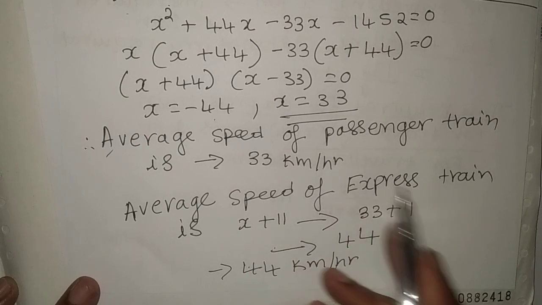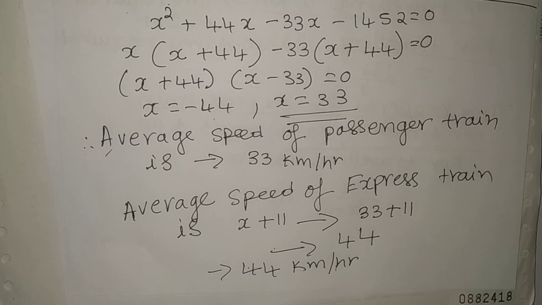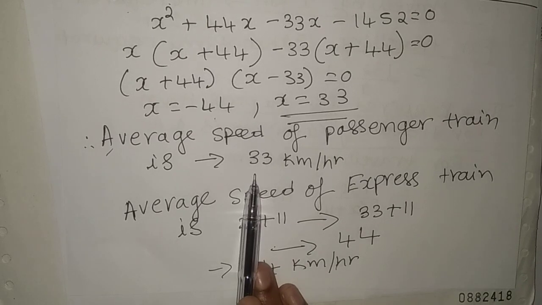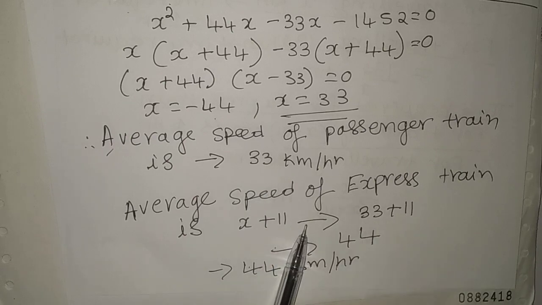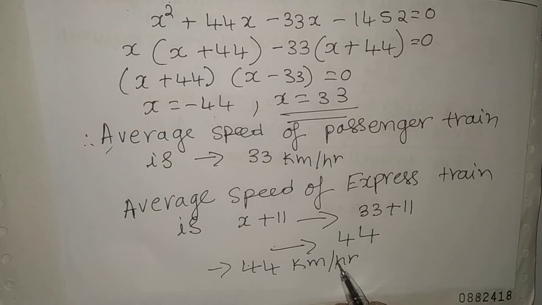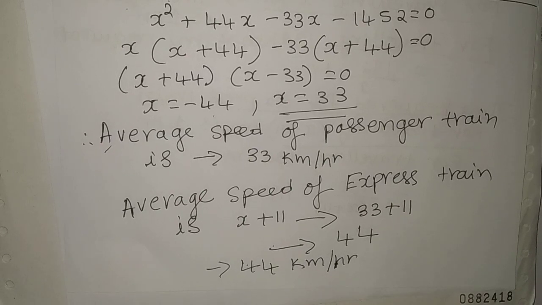So this is the solution: the average speeds of both trains. The average speed of the express train is more than that of the passenger train, as given in the question. So this is the solution for the 10th problem. We move on to the 11th one.